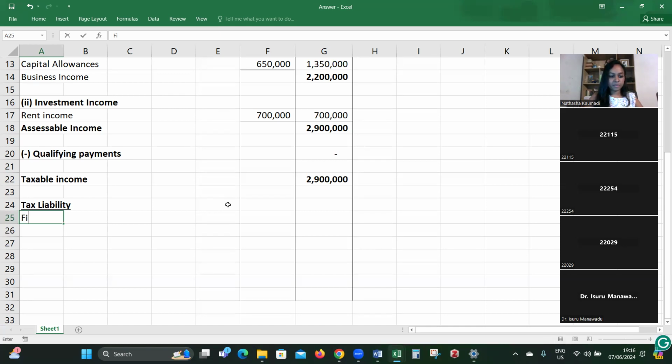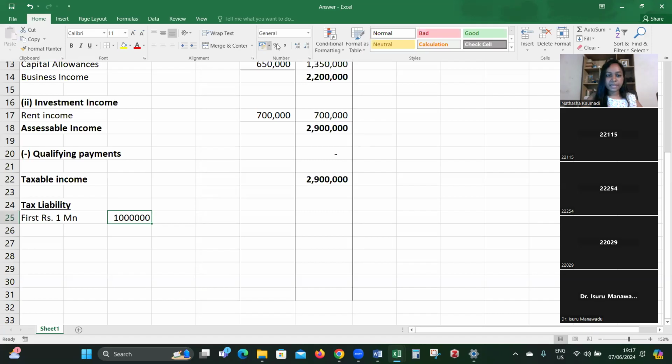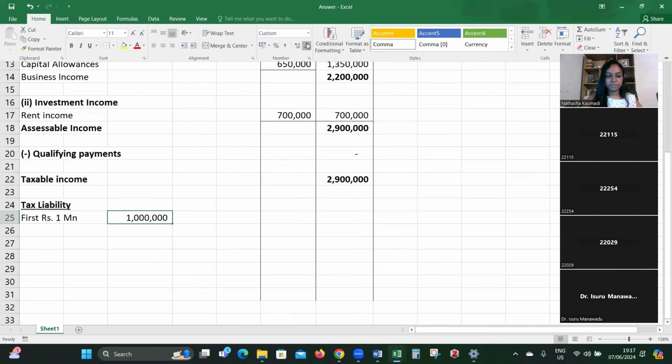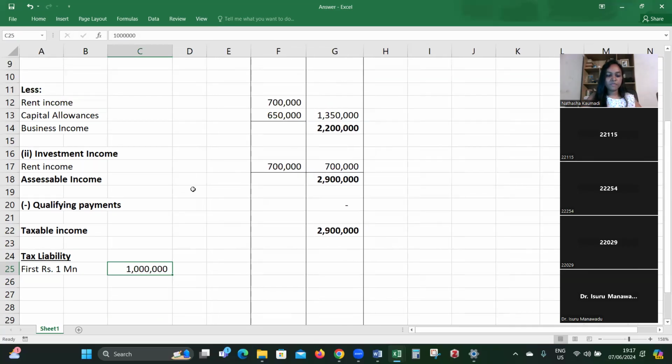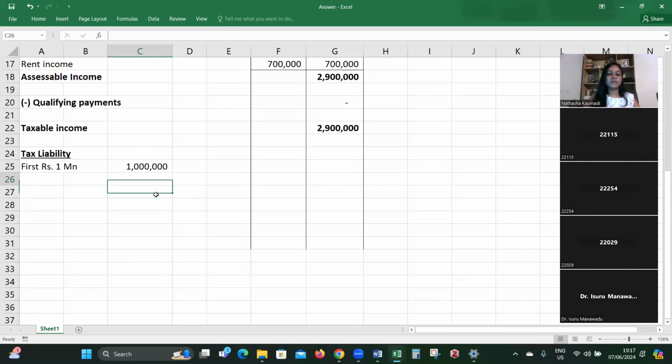First, 1 million rupees, right? If we take the first 1 million rupees, that is taxed at which ratio? Can I have the answers? First 1 million rupees, what is the ratio? Very good. 0%.